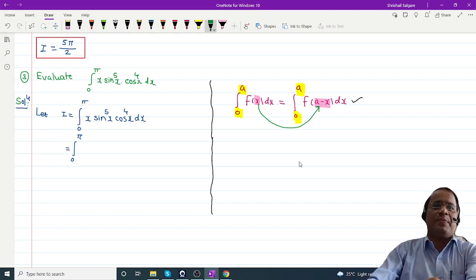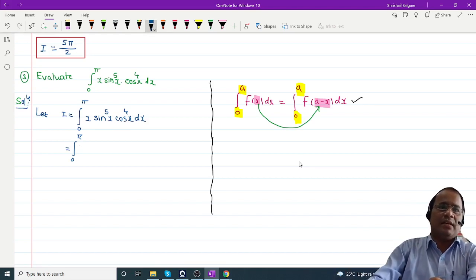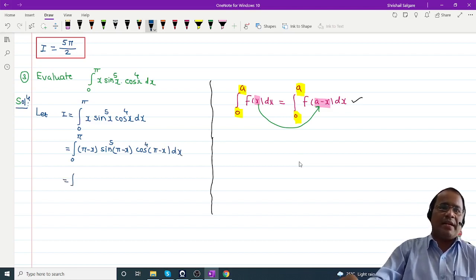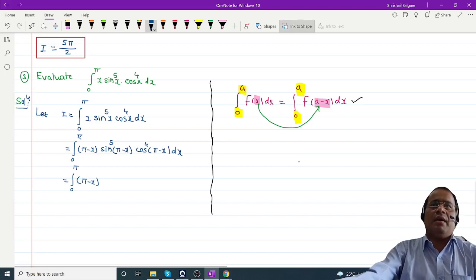You have to replace x by pi minus x everywhere in the integrand. So I will write pi minus x into sin of pi minus x raised to 5 into cos of pi minus x raised to 4 dx. Now, one more step, I will write it as 0 to pi. The first term I will write as it is, pi minus x. Now I will take a quadrant here.